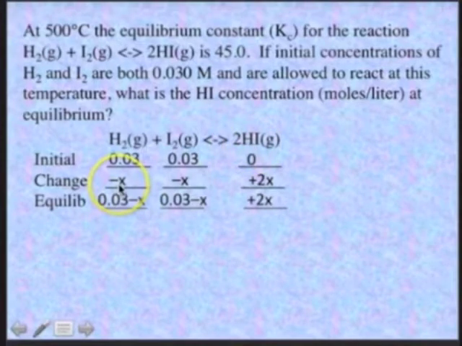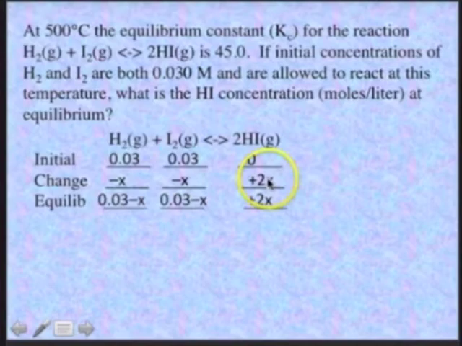Then you define X as the amount of hydrogen that reacts and the amount of iodine that reacts to form 2X for the amount of HI that forms. So at equilibrium, you've got 0.03 minus X, 0.03 minus X, and plus 2X.